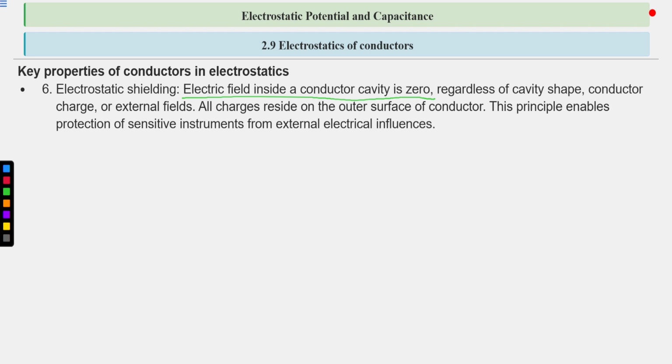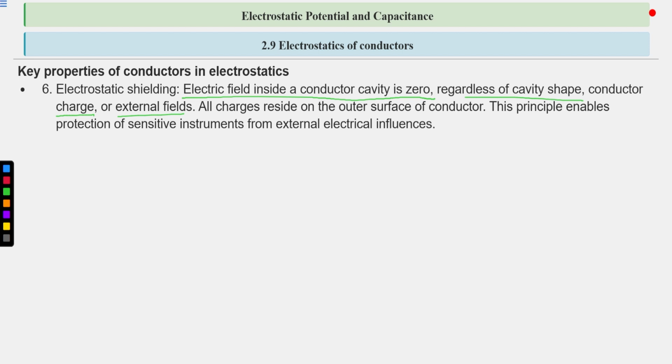So the cavity can be large, small, or of any size. Electric field inside a conductor cavity is always zero, regardless of its shape, conductor charge or external fields. Doesn't matter. Cavity shape doesn't matter. Conductor charge doesn't matter, or external fields also don't matter.